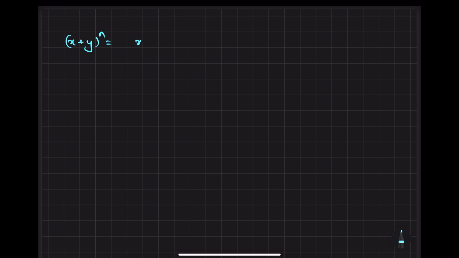We will write x^n y^0 + x^(n-1) y^1 + x^(n-2) y^2 + x^(n-3) y^3, and we will keep on doing this till we get x^0 and y^n.